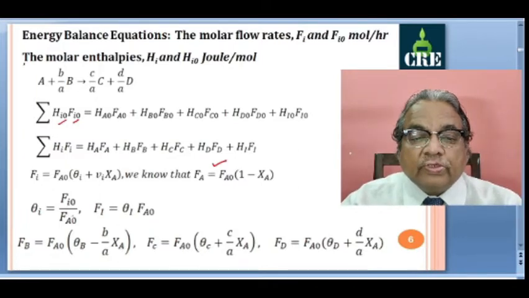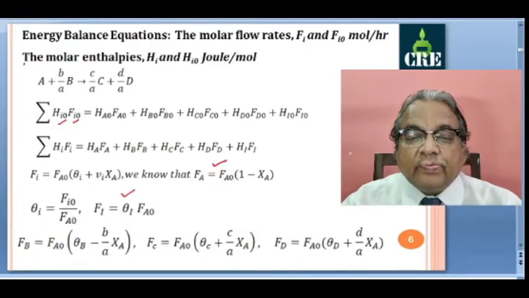So for A it is Fa0 by Fa0, so this will be 1. For theta B, Fb0 by Fa0, theta C, Fc0 by Fa0 and so on. And this theta i will be Fi0 by Fa0 for inerts. So for inerts, Fi is theta i into Fa0.